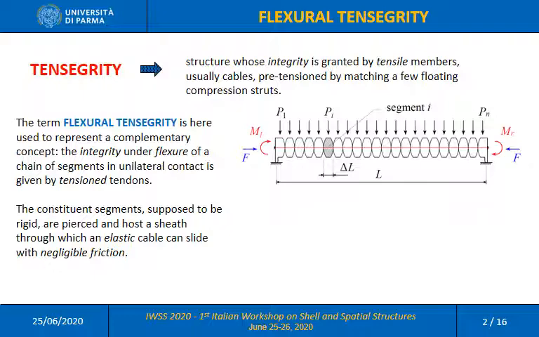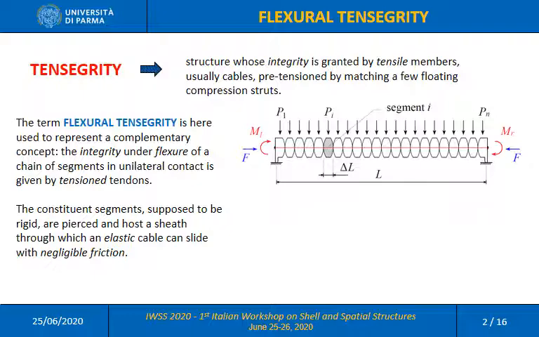Flexural tensegrity represents a concept that is somehow complementary, since we consider the integrity under flexure of a chain of elements in unilateral contact, which is given by tension in tendons. A schematic representation is illustrated in the figure.